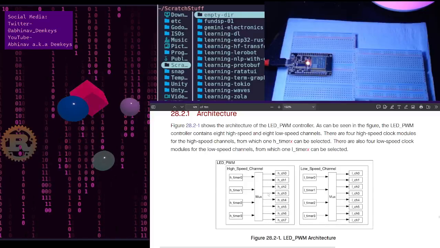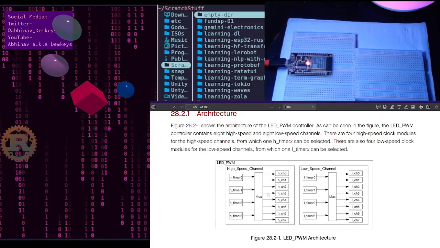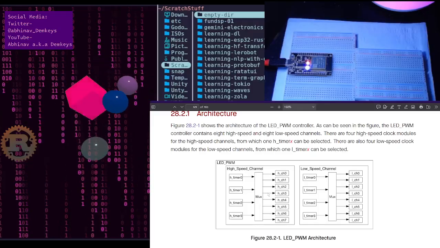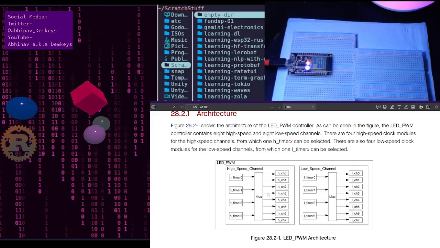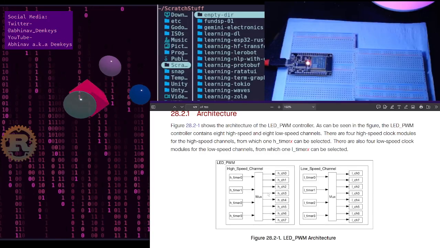We have 16 here, but what output pins are they coming out of? This lets us generate so many different signals, right? How are we actually getting this out of the ESP32? Do we need to use separate hardware for this, or what's the situation there?